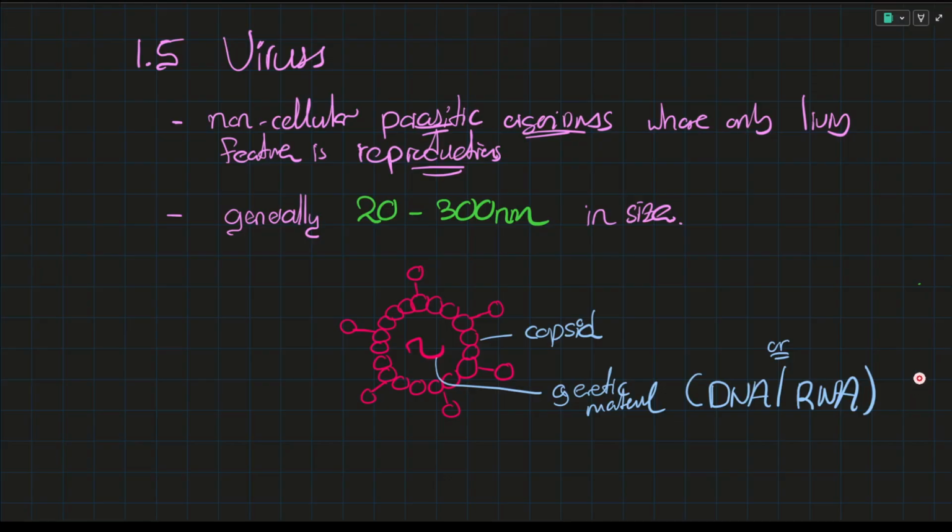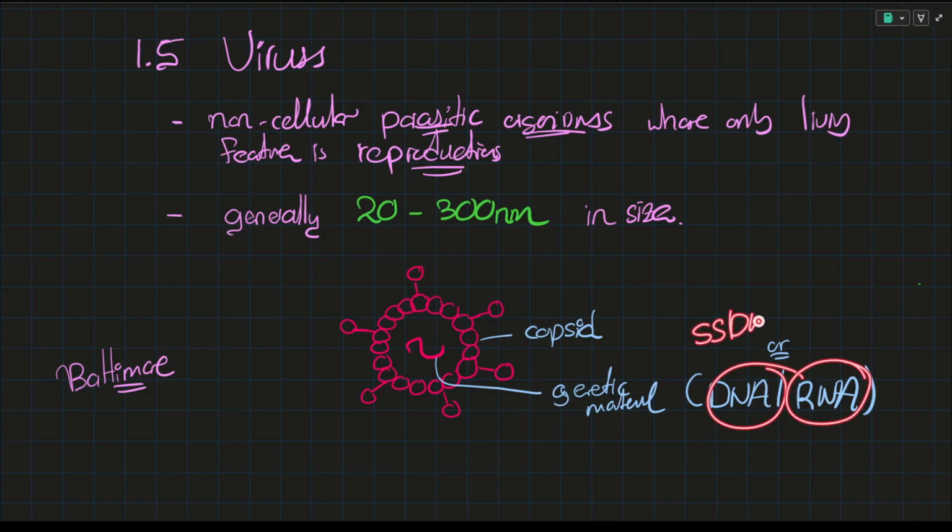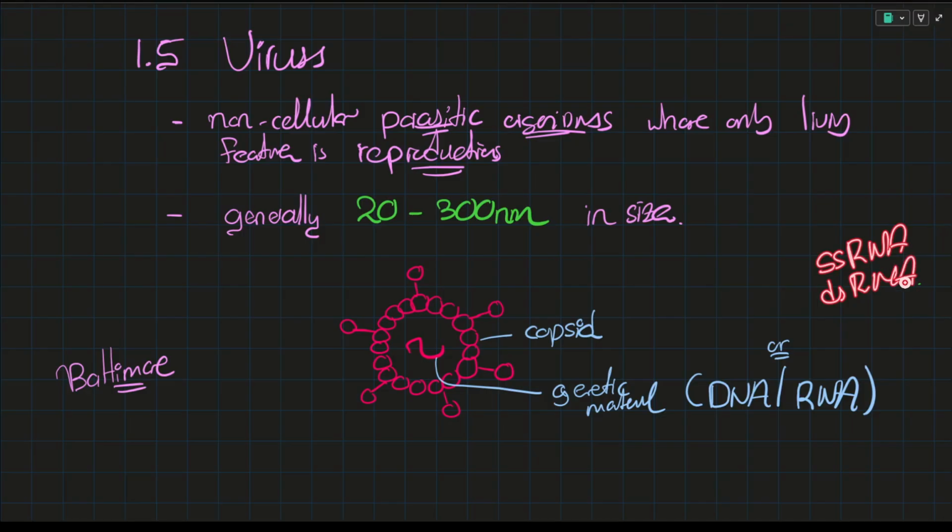And there's something known as the Baltimore classification of viruses. Let me write that term down. Baltimore classification of viruses, and that classification utilizes whether the virus has DNA or RNA, whether the DNA is single-stranded, ssDNA, or double-stranded, dsDNA, and whether RNA is single-stranded, ssRNA, or double-stranded RNA, like so.